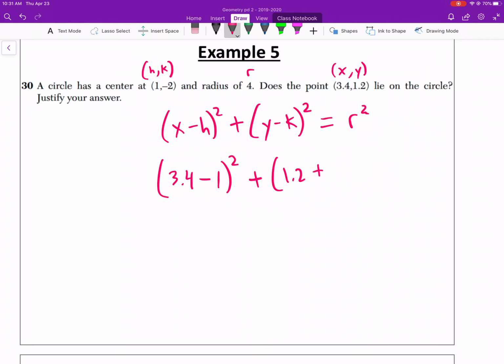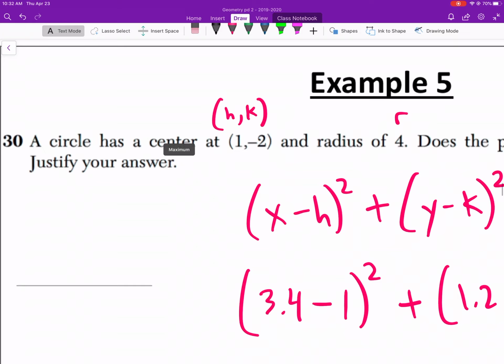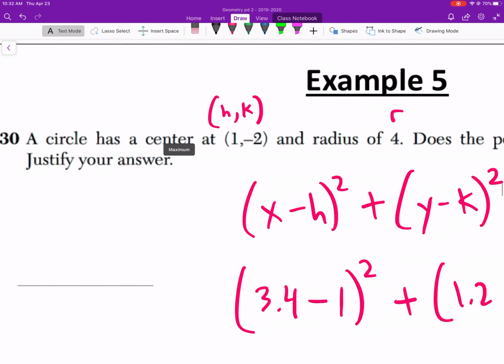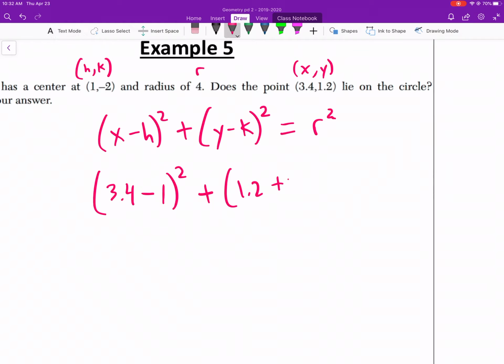And essentially we're just changing the signs like we did. If you take a look at HK here, 1 in our equation becomes negative 1, negative 2 in our equation becomes positive 2. Plus 2 squared is equal to the radius squared.